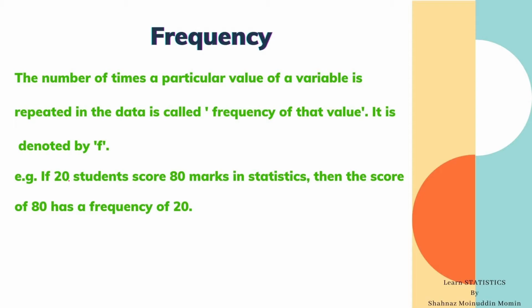It is denoted by F. For example, suppose 20 students score 80 marks in the subject statistics. Then the score 80 has the frequency 20.